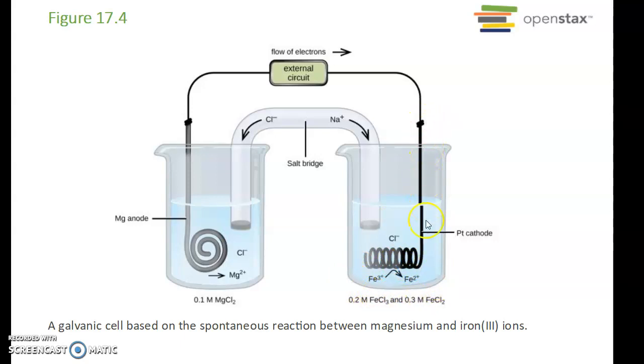The platinum cathode just allows the transfer of the flow of electrons so that this reaction can take place inside the solution. Okay? So that's another way in which a reaction can take place. The electrode doesn't have to be made of the material involved. You can have both ions in solution, where you use something like platinum that serves as a catalyst and a medium for the electrons to flow.